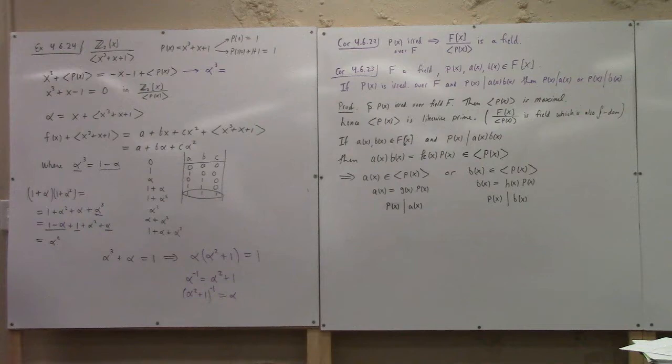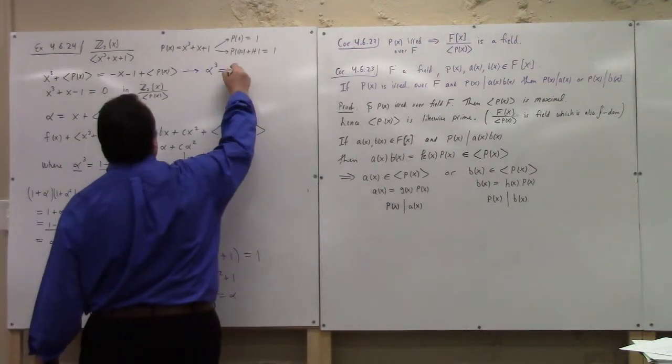You get the point if you don't want to fix it. Yeah, I don't want to fix it, but I do want to fix it. So what I should have said is alpha cubed equals minus alpha minus 1, right?